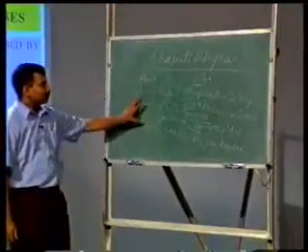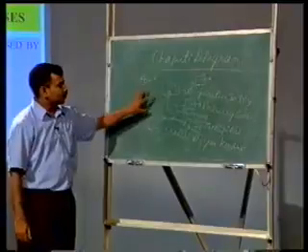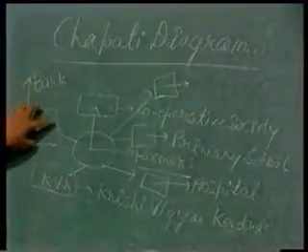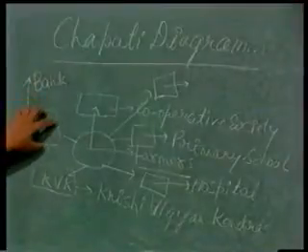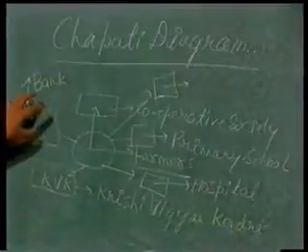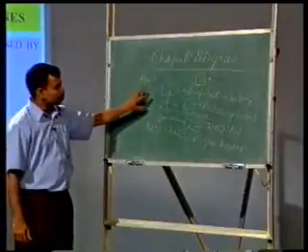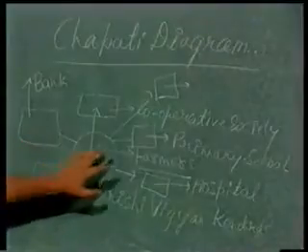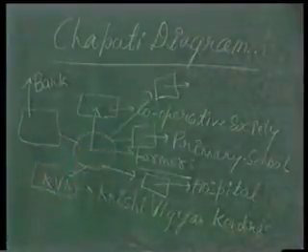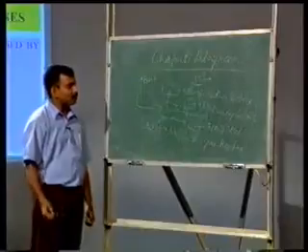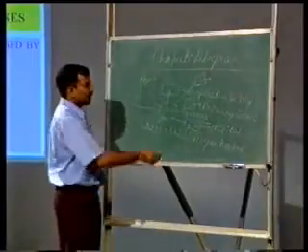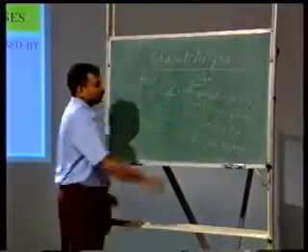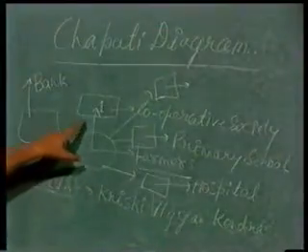So, with the help of a piece of paper, we try to map out or make a chapati diagram, and we find out the relationship or the importance of different social institutions for the people, and accordingly they can fix their priorities about which institutions are more useful for them. They may say that the most useful institution for the farmers may be the cooperative society, with which the farmers are associated.